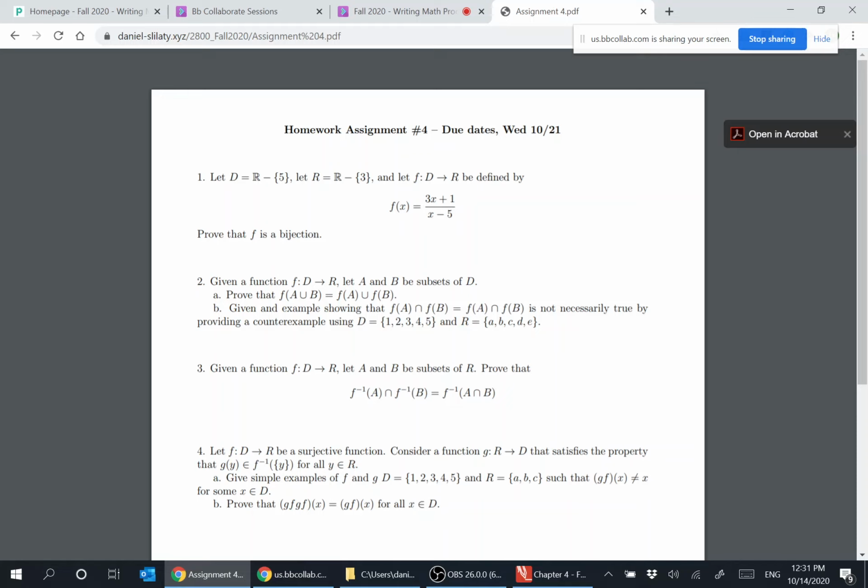Why do we use the same notation for preimage and inverse function? Why would you use the same notation? Just to confuse you?